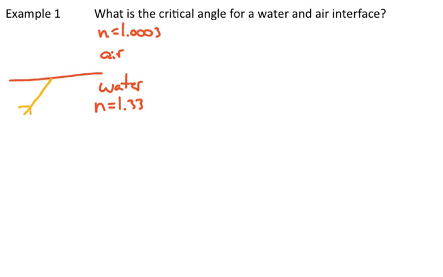And because I've said this is a critical angle question, the light gets reflected exactly along the boundary between water and air. Because of this, we know that water is the incident, so water's N will be N1, air's N will be N2.